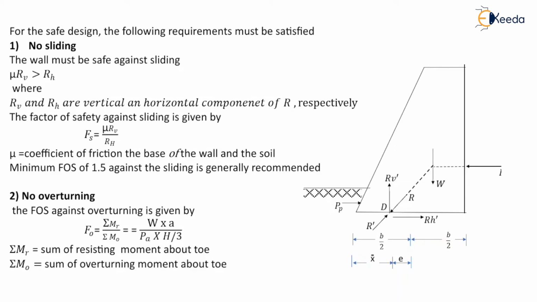So here the weight of the retaining wall causes resisting moment and the active pressure on the wall causes overturning moment. Hence FO is equal to W into A divided by PA into H by 3. The factor of safety against overturning is kept between 1.5 to 2.